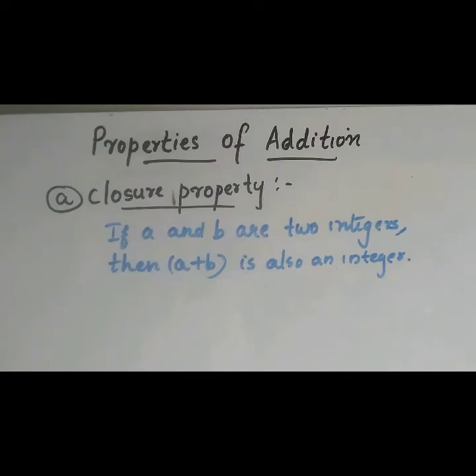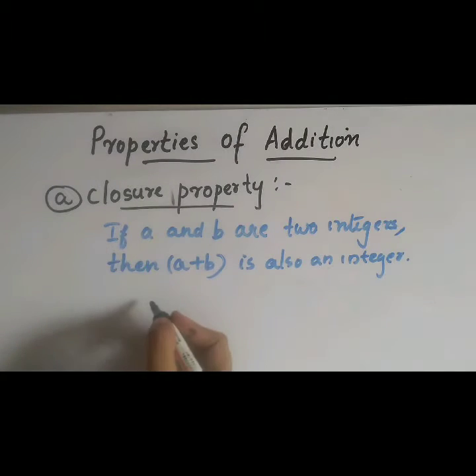Now comes properties of addition. First property, closure property. What does it say? If a and b are two integers, then a plus b is also an integer. Let's take a look with an example.